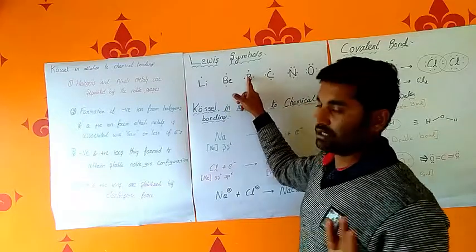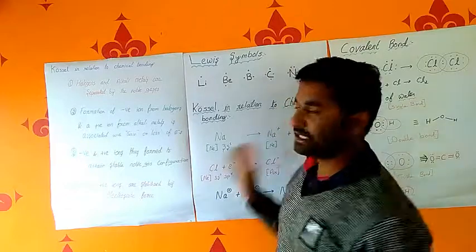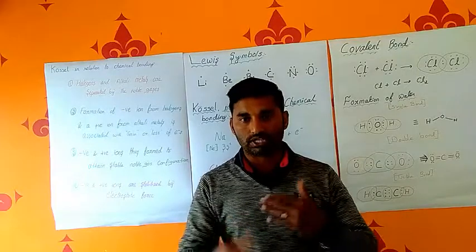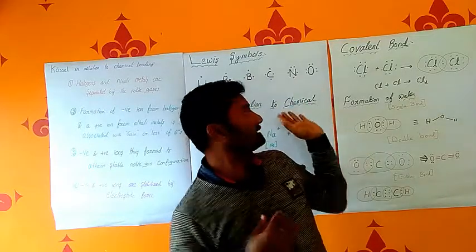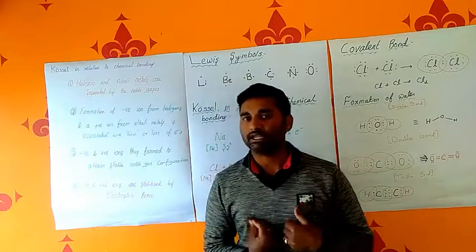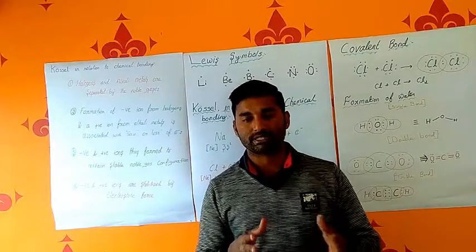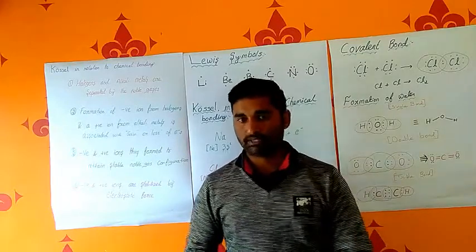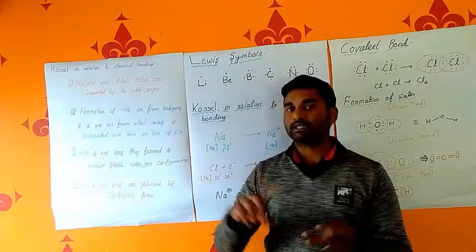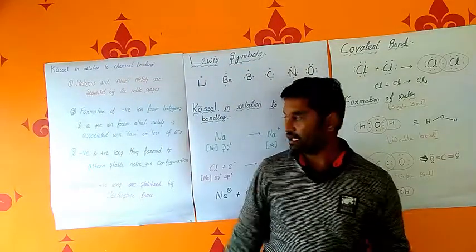Similarly boron has 3 valence electrons, carbon 4, nitrogen 5, oxygen 6. By using this notation of Lewis, we can easily visualize the number of valence electrons present in that particular element. So we have seen the atomic structure of Lewis as well as the atomic notation of Lewis.